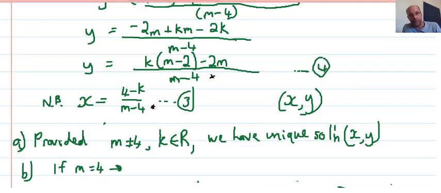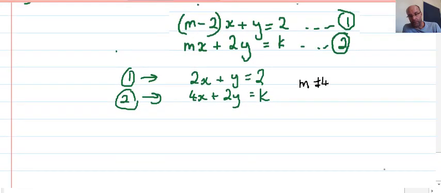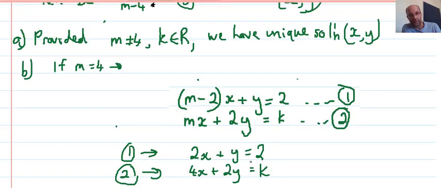If it does happen to equal 4, we get these two equations here. And subbing into the original equations, we get this. So there'd be no solution if m equals 4.